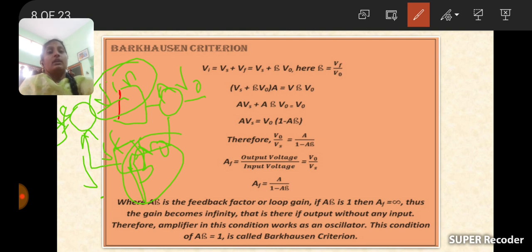So here beta is equal to what? Vf by V naught. And by substituting this value here, A Vs plus A beta V naught is equal to V naught.